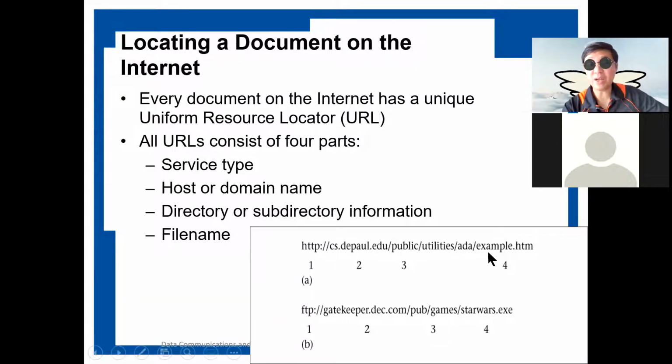Then followed by the web page or the file name. That's where you put something like example.htm. It will likely be a file inside this folder, inside this server, and you are retrieving this HTML file.